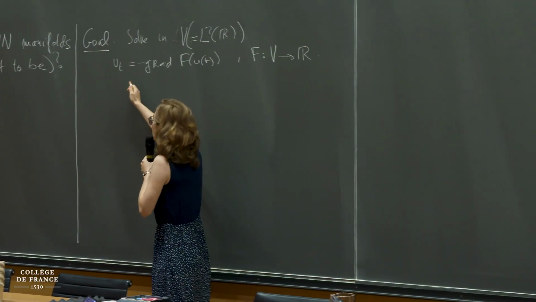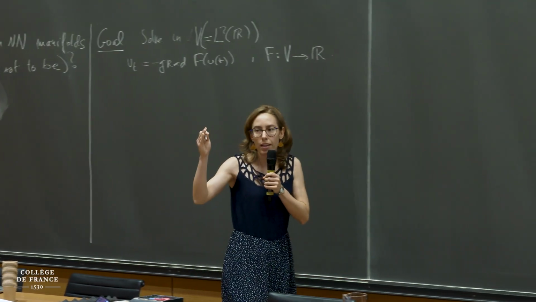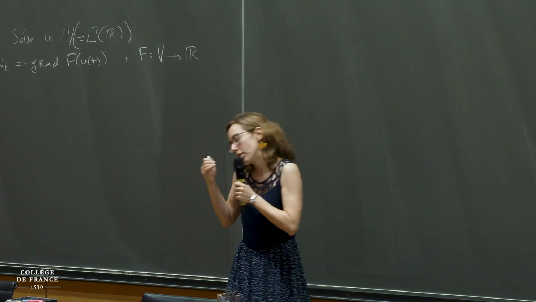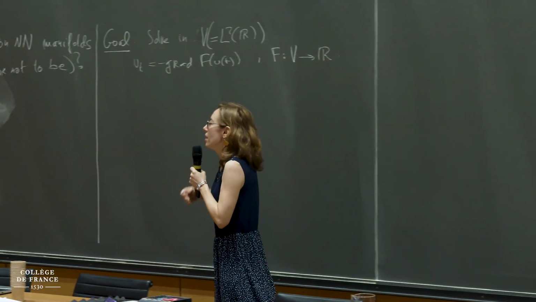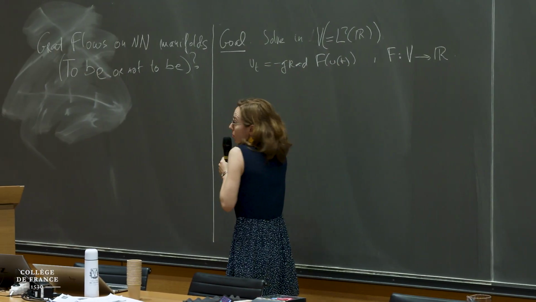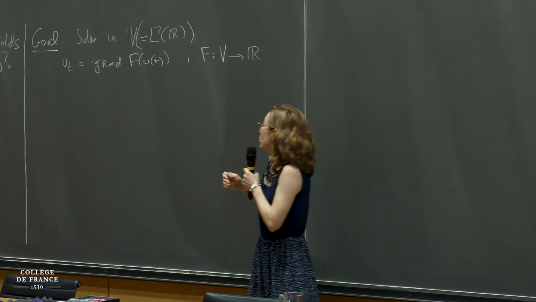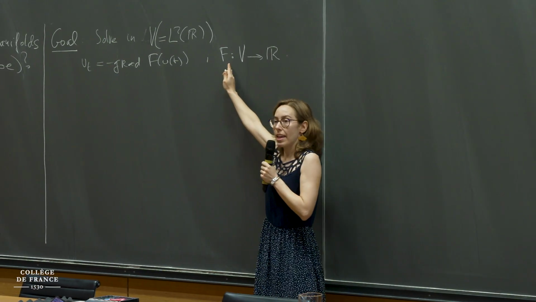Then this type of dynamics is going to arise, for example, when we want to model a certain physical system that has some gradient flow structure, or the problem also arises when I want to minimize this energy.